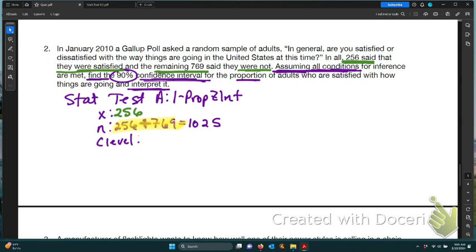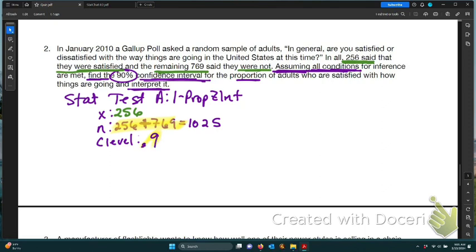I think that did catch some of you guys off guard. By the way, when you go to Stat Test A, you can actually put in 256 plus 769 and it'll calculate it for you right there. Like your calculator will do math within this. And then obviously your C level is 0.9.